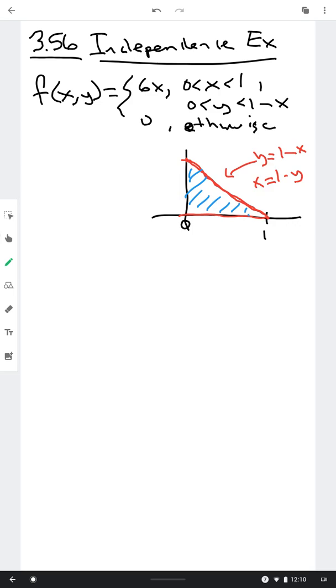Okay, very cool. So let's determine whether x and y are independent. It says show that x and y are not independent, so they're kind of giving away what we need to do in part A. To do that, I need to calculate the marginal distributions. So let's find g of x first. I need to integrate over my region, over all of the y values.